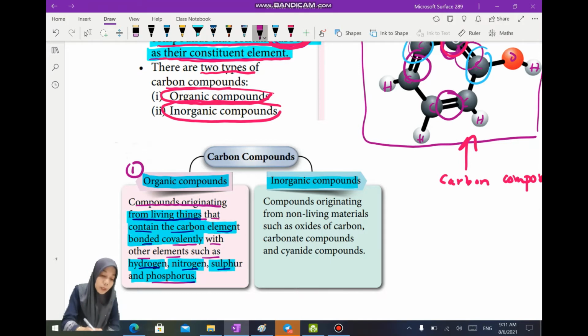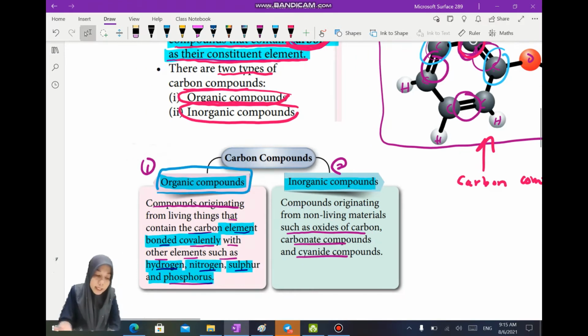Manakala yang kedua kita ada inorganic compound, iaitu sebatian bukan organik, compound originating from non-living materials, such as oxide carbon, carbonic compound and cyanide compound. So kat sini apakah perbezaan yang ketara antara organic compound and inorganic compound?